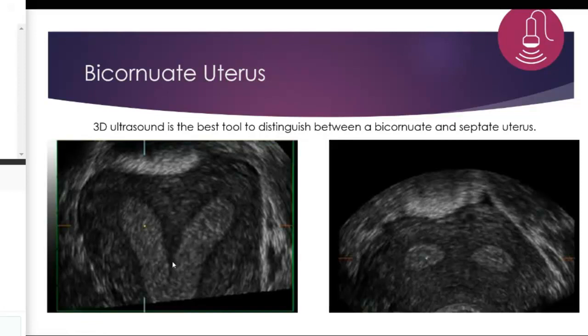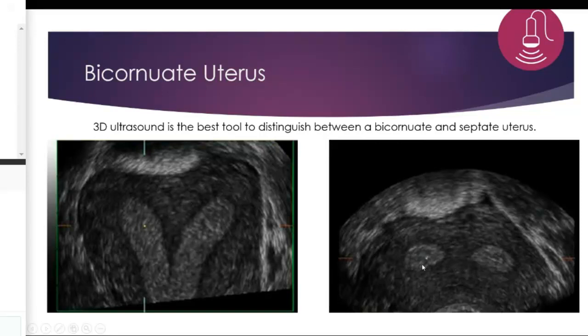The only difference is that septate uterus does not have that heart shape. The myometrium does not come in between those two endometrium, so it stays kind of straight across here. So they look similar transverse because we're going to get both endometriums here.